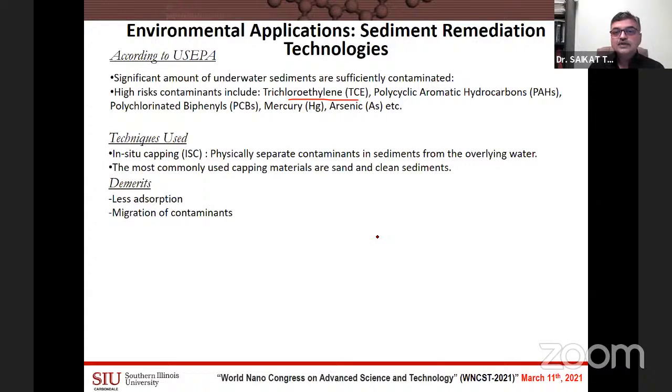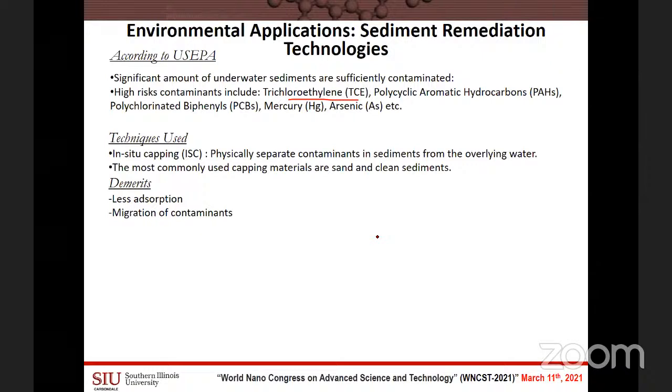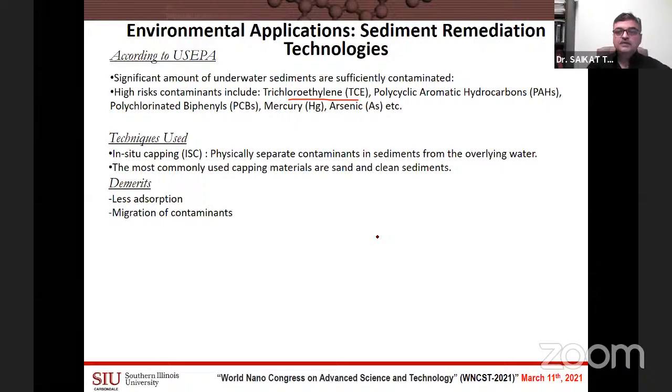Now, typically what they do here is you have a contaminated water body, you just go and you put sand on top of it, okay? So sand in the bottom, so that it contains the contaminant there, all right? So the idea was, can we increase the nanostructure of the surface of the sand, so that its efficiency increases?